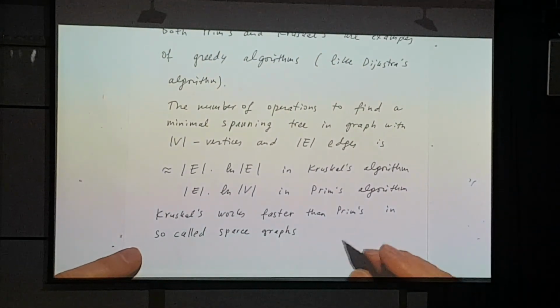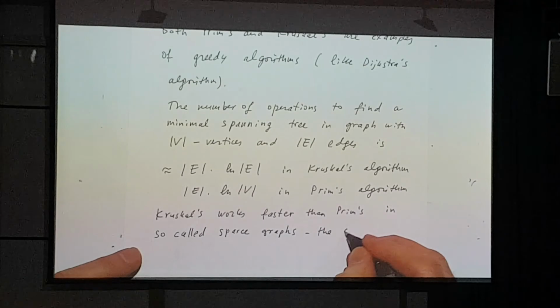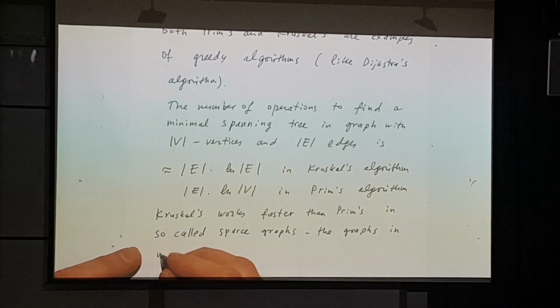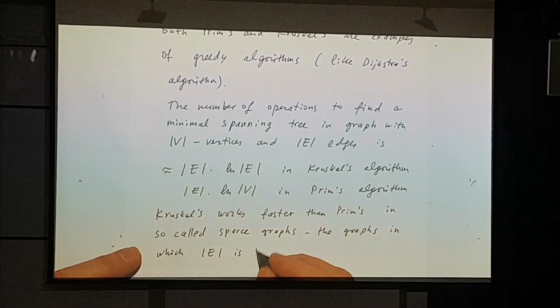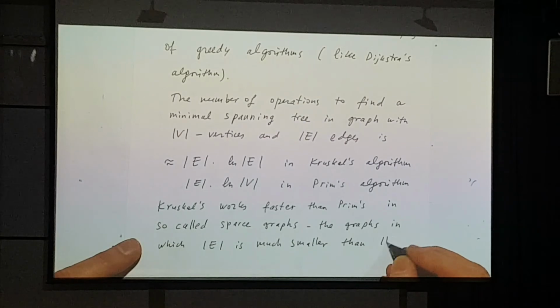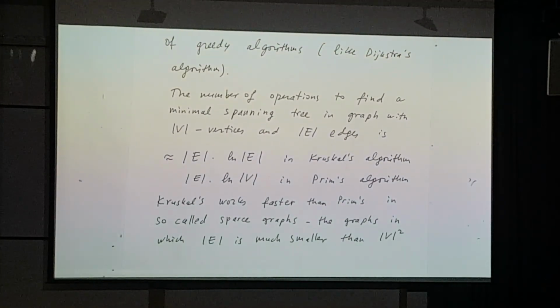So the sparse graphs are the graphs in which the number of edges is much smaller than the square of the vertices.